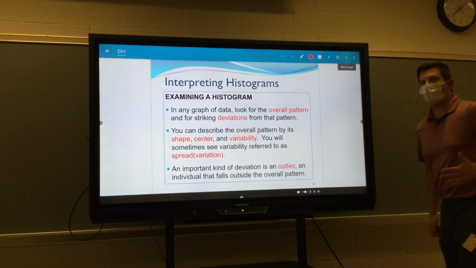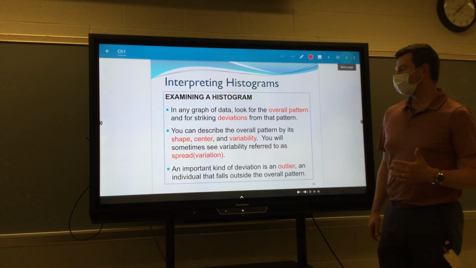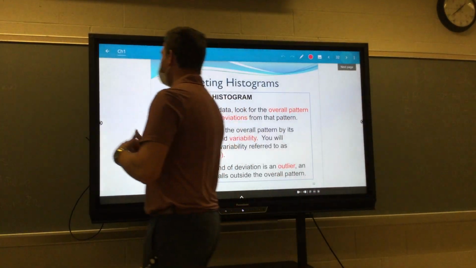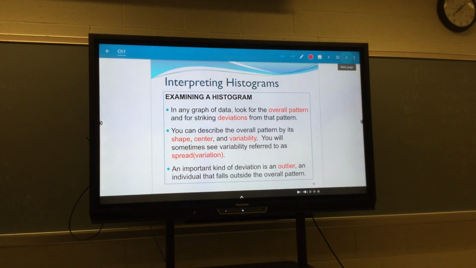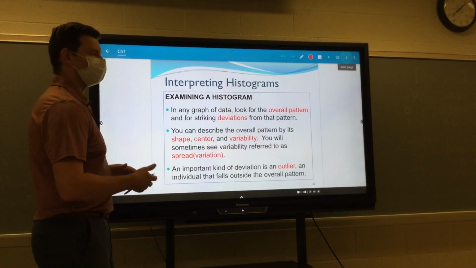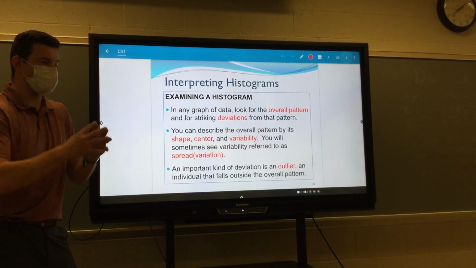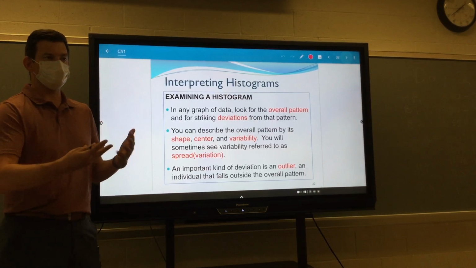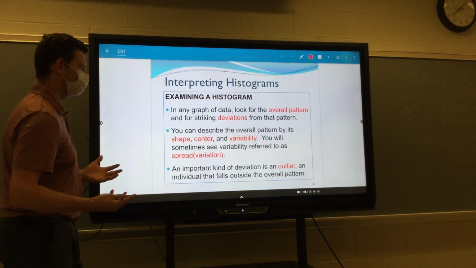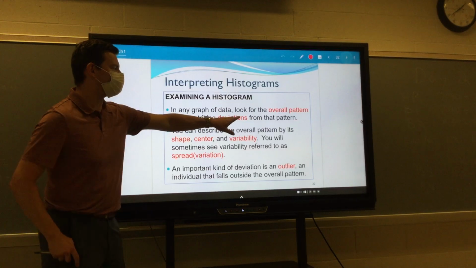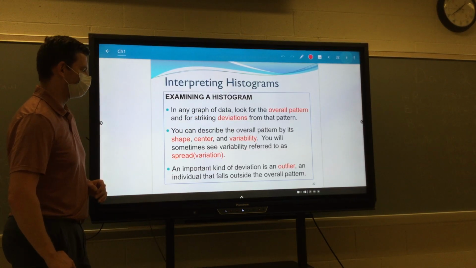So when you're looking at a histogram, you're looking at the overall pattern of that data. I said that the purpose of one of these graphs or displays is to help you get an idea of the distribution. What is the message that's trying to be conveyed from that data set? Are there any striking deviations from that pattern?